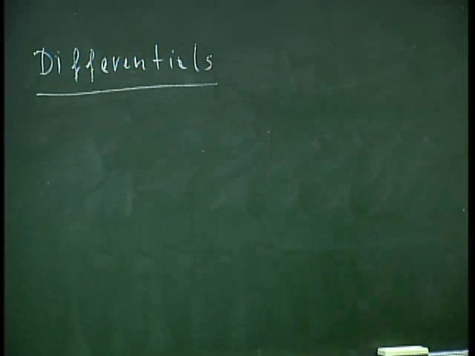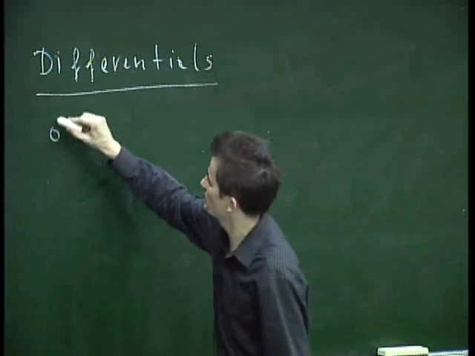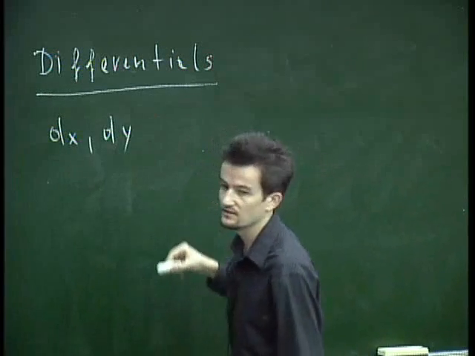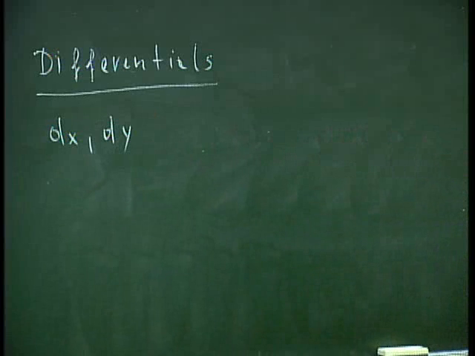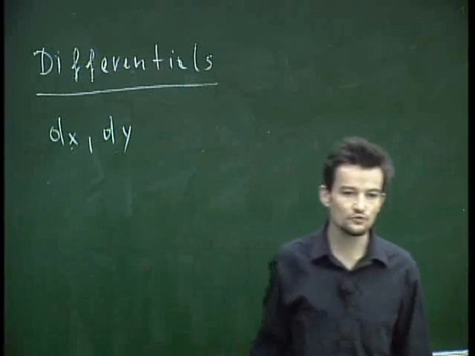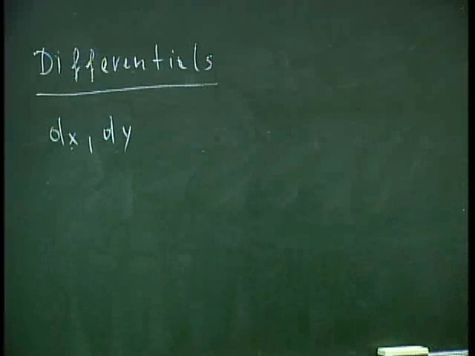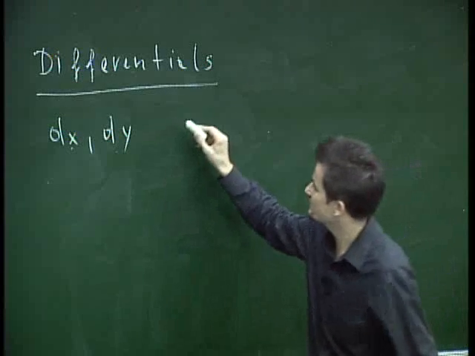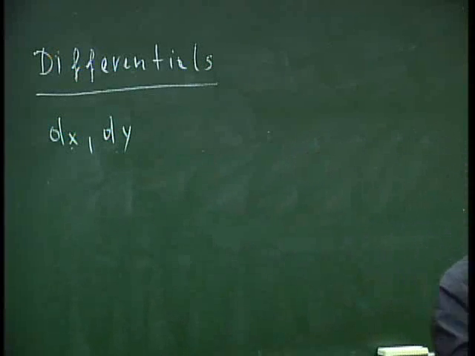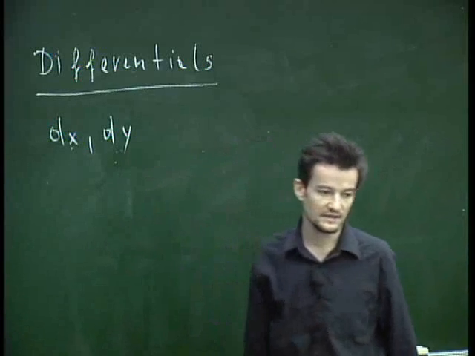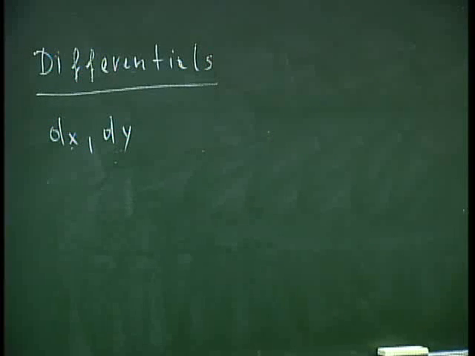Now, what we want to do is give this symbol here, dx and dy, meaning, okay? But the way we are going to define these quantities is just to make it easier to talk about such issues. This will not be really related to dy over dx. So we will define those two quantities, but the difference of those two quantities will not have the meaning of dy over dx.